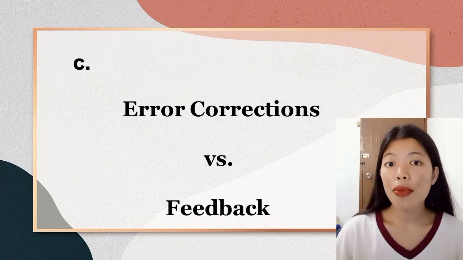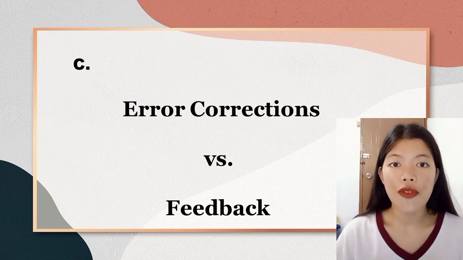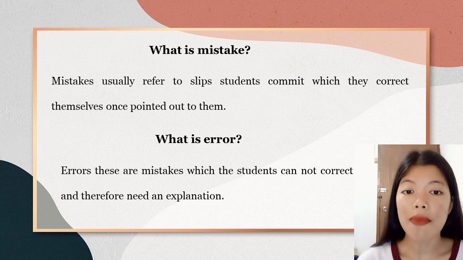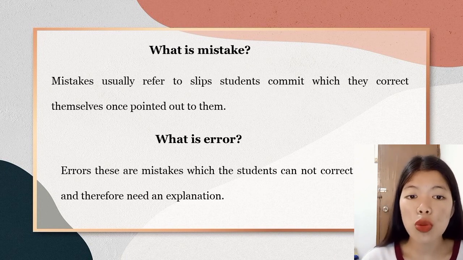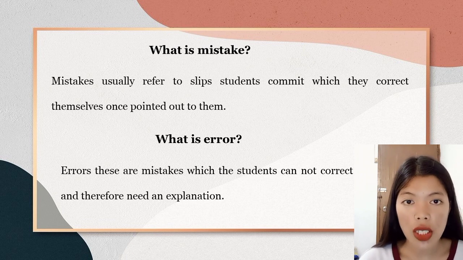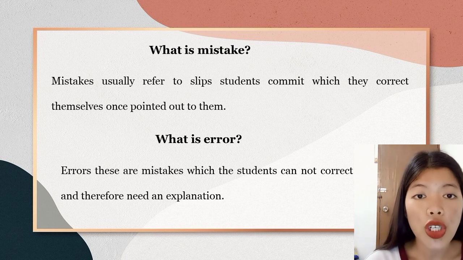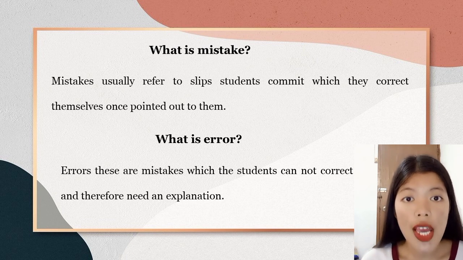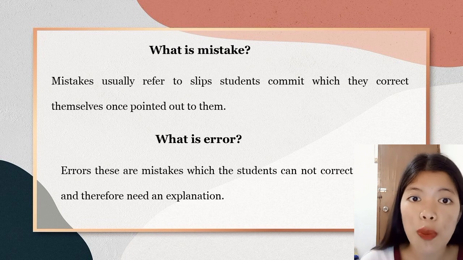For the third subtopic of chapter 1, we have error corrections versus feedback. First, let's tackle the difference between mistake and error. Mistakes usually refer to slips students commit which they correct themselves once pointed out to them. For example, the student mispronounces a word. In order for the student to know that he or she mispronounced the word, you will find a way to repeat the word with the correct pronunciation.